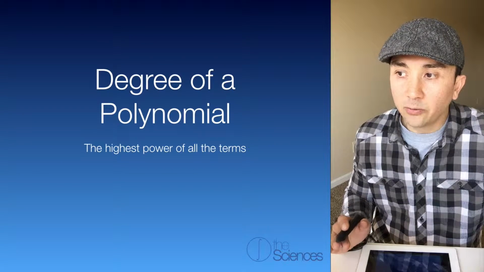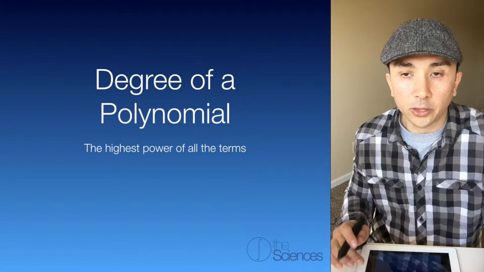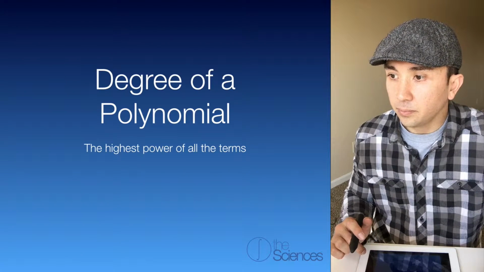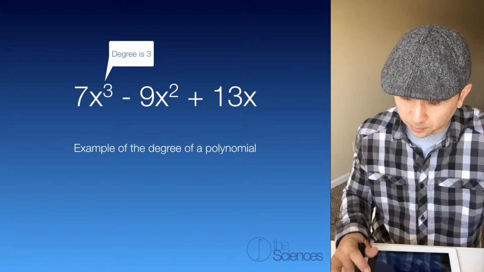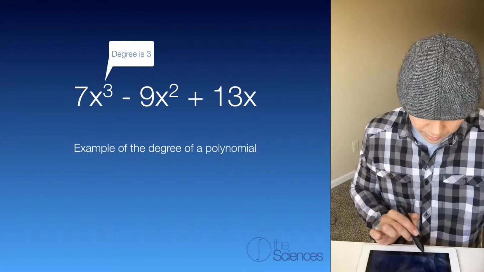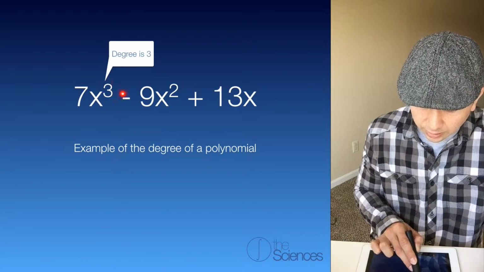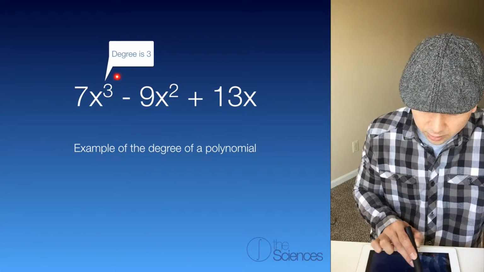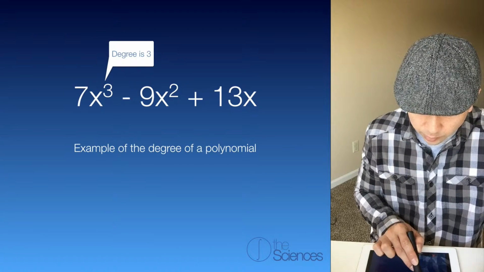Now the degree of a polynomial is the highest power of all the terms. So here in this example of a polynomial, the highest exponent is x cubed. So the degree of this polynomial is 3.